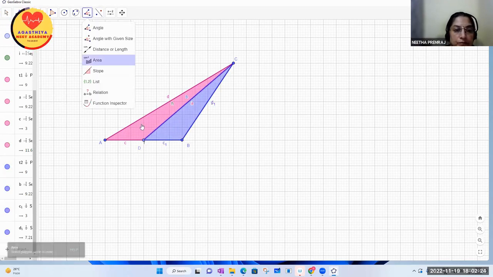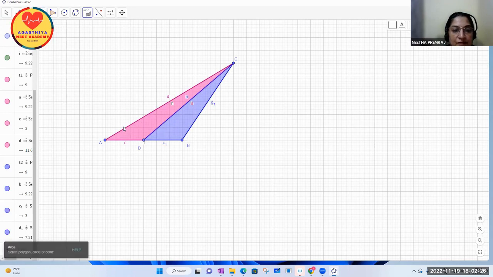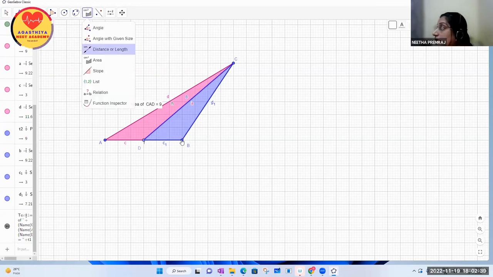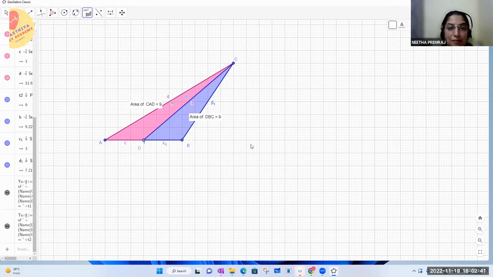See, the area of CAD has come. It's 9. Then this one. Now you see both are equal, isn't it? Yes, both are equal, but I'll tell you how to calculate the height.